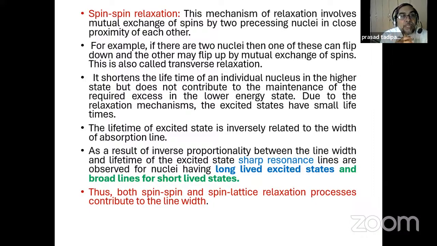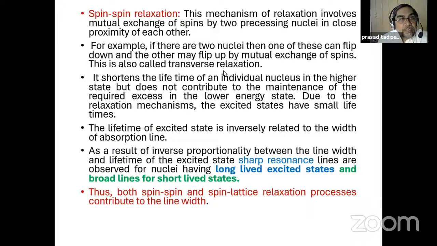If there are two nuclei, then one of these can flip down and the other may flip up, by mutual exchange of spins. If it is in the up direction, it will come down, and another which is in the down spin will go to the up spin. So they exchange. This type of relaxation mechanism we call a transverse relaxation.